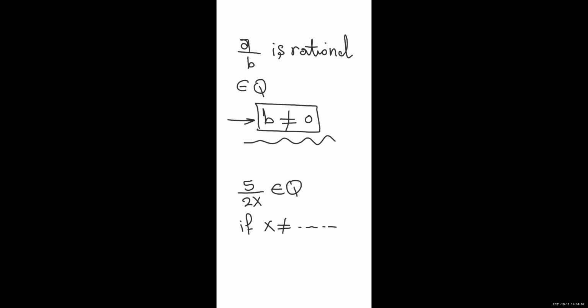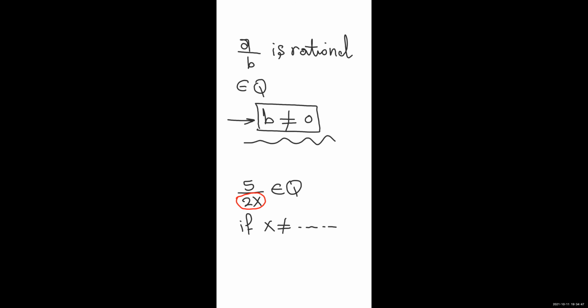Let me explain 2 or 3 examples like that. The denominator will never equal 0. Here the denominator is 2x, since the number is 5 over 2x, so this is b.